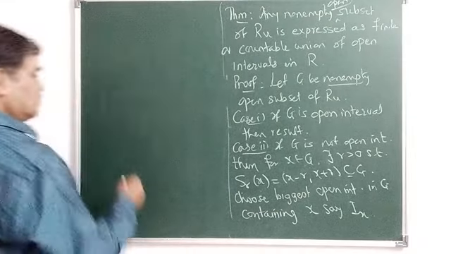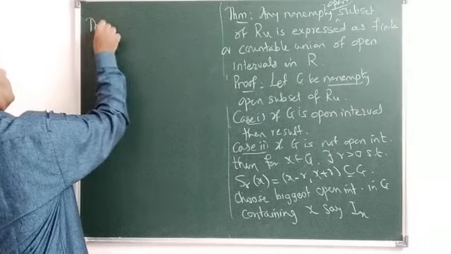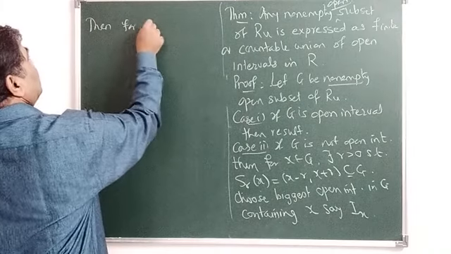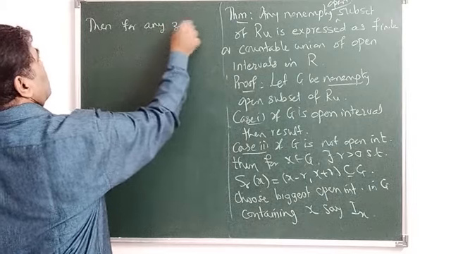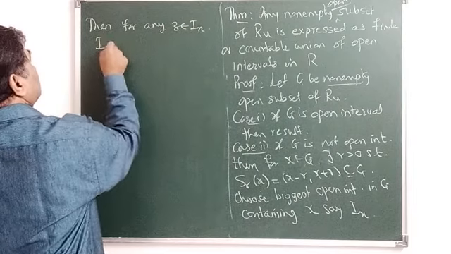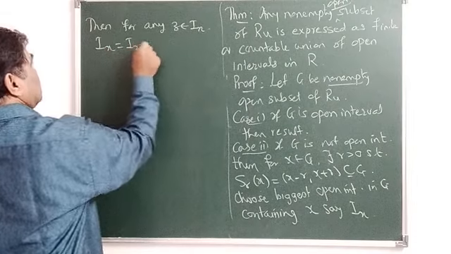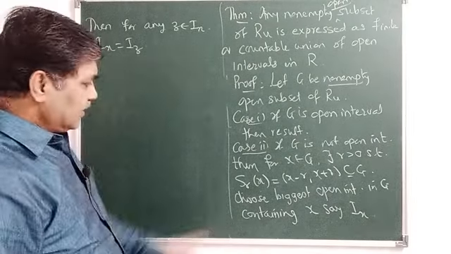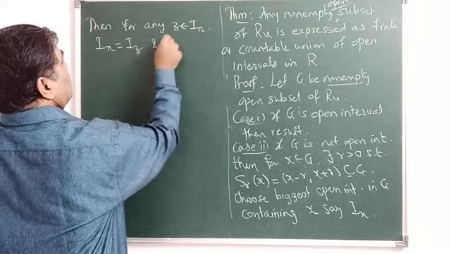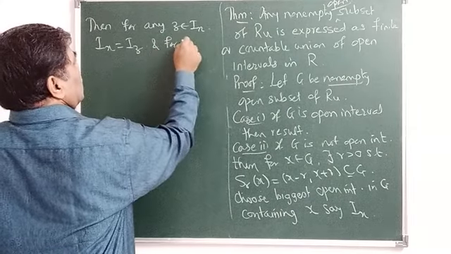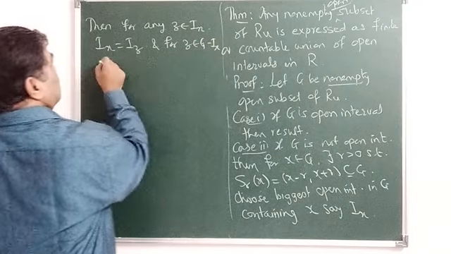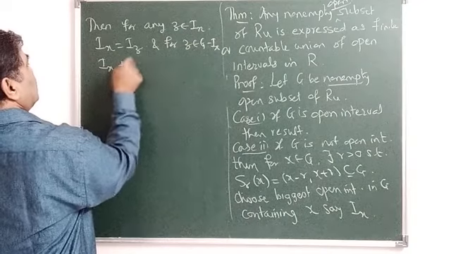Then for any z belongs to Ix, Ix is equal to Iz. And for z belongs to G minus Ix, Ix is not equal to Iz.